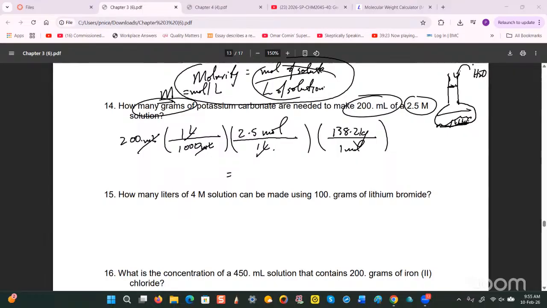And according to my calculation, this works out to be equal to 69 grams, because you have to round off to 2 sig figs because of this. So 69 grams of the solid potassium carbonate you're going to weigh in order to make this particular solution.